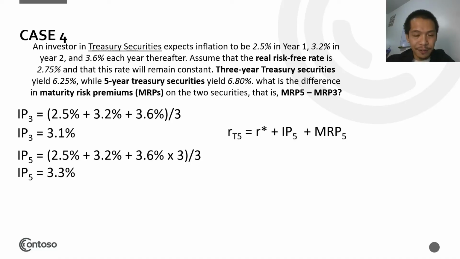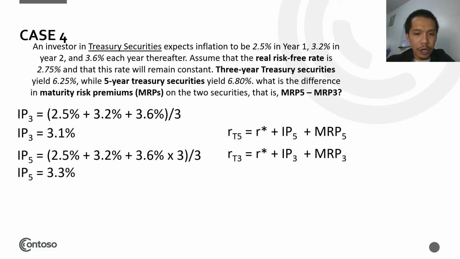We will proceed with the elimination this time. The interest rate for a 5-year treasury bond is R star plus IP sub 5 plus the maturity risk premium for a 5-year security. Reminder, if it doesn't say anything about pure expectations theory, we would assume that it isn't true. So there will be an MRP. R sub T3, that's for the 3-year treasury bonds.